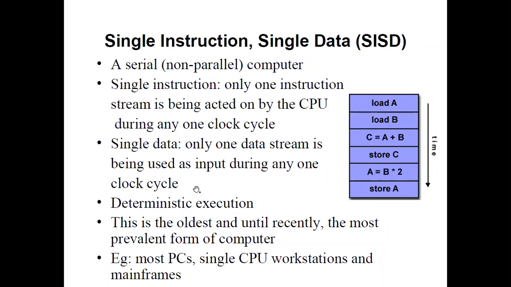So automatically, as per the diagram, there will be serial execution of all the instructions: load A, load B, then C equals A plus B, and so on. There is no parallel execution we are able to perform using single instruction and single data.